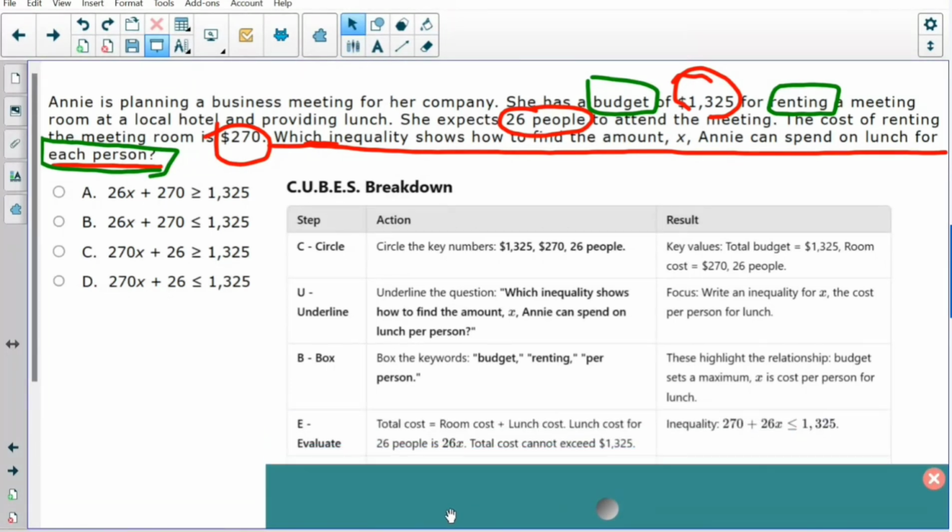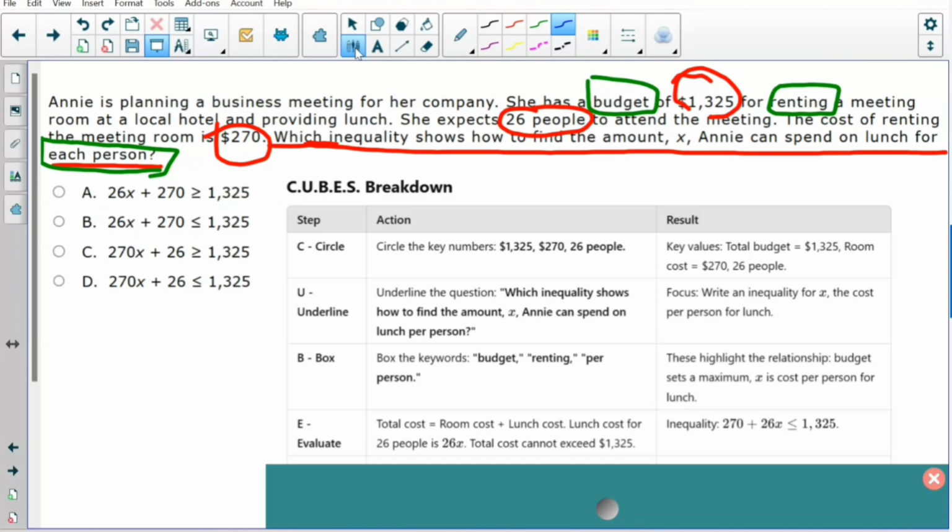And now it's time for us to evaluate. Looking at the scenario, I know the total cost will be equal to the cost for renting the room and the cost she will pay for lunch. Lunch costs for 26 people, we don't know, so we will use x to represent the unknown, so that would be 26x.